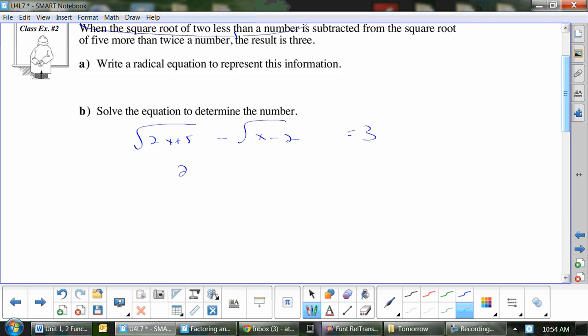So then I would get the square root of 2x plus 5 has to equal 3 plus the square root of x minus 2. Okay, Matt, what should I do next? Okay, what should I be careful of on the right? To foil it, right? So make sure you foil it.